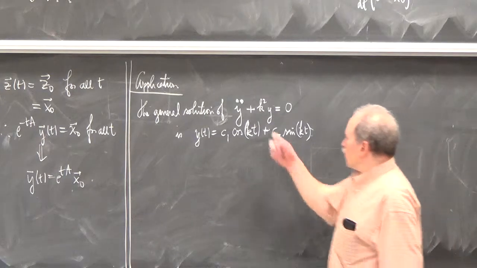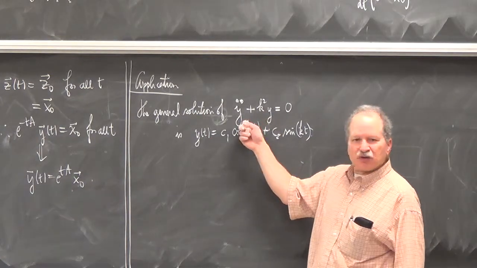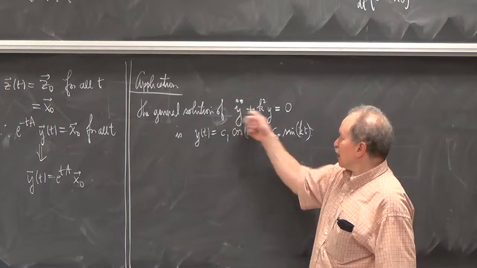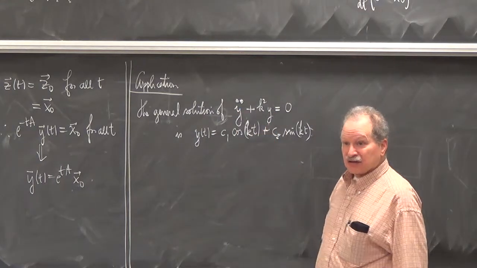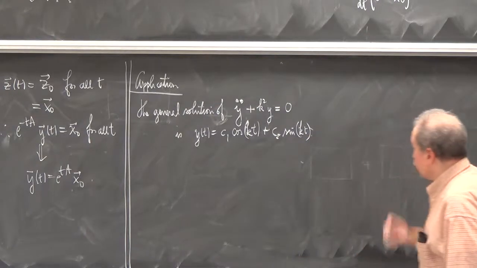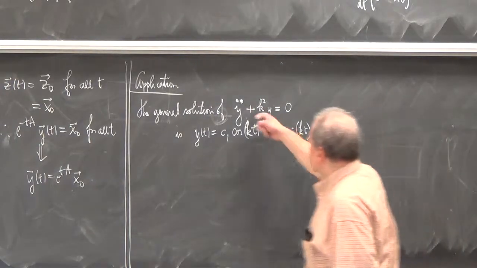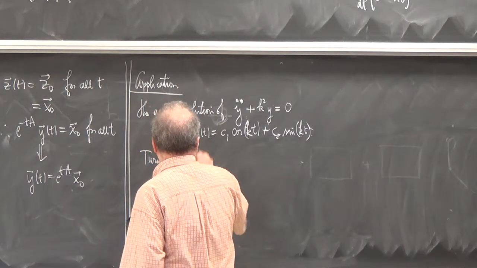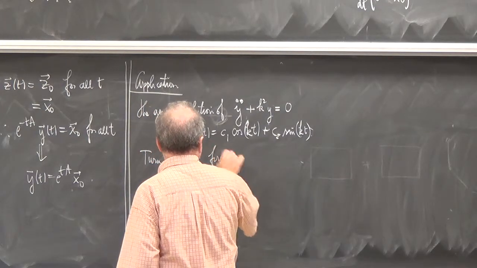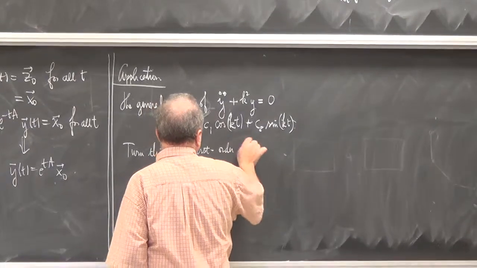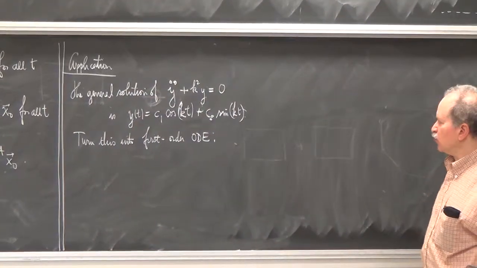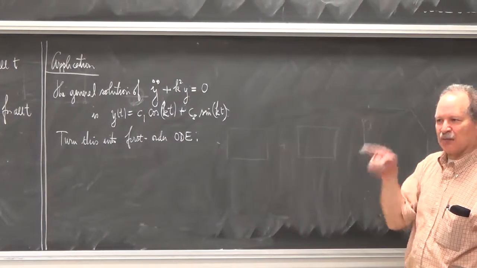So remember we actually turned this into a first order differential equation. We did something like this yesterday. How do we turn this into a first order differential equation? What did we do yesterday when I gave you a couple of second order things?